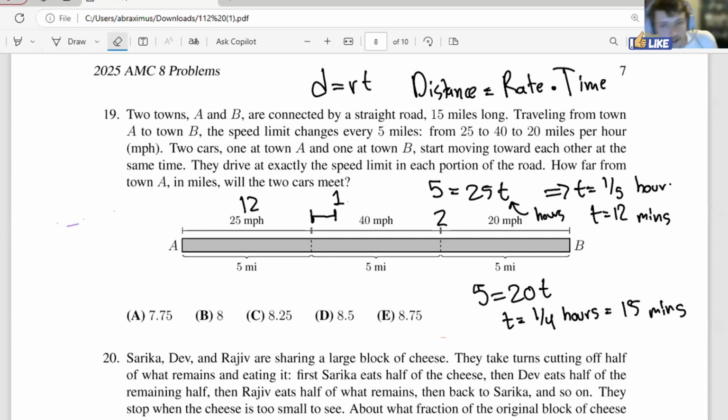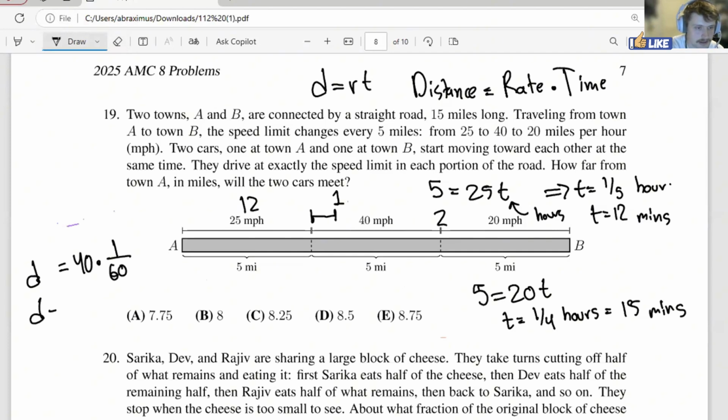So they go for 3 minutes at 40 miles per hour. How far do they go in 1 minute? Okay, so in 1 minute they go, oh, never mind. I want distance is equal to 40 times 1/60th of an hour.